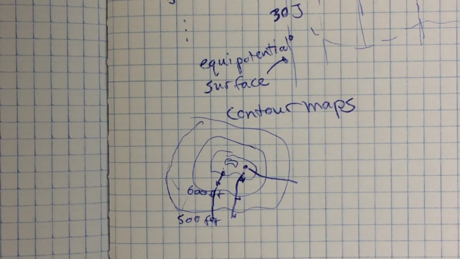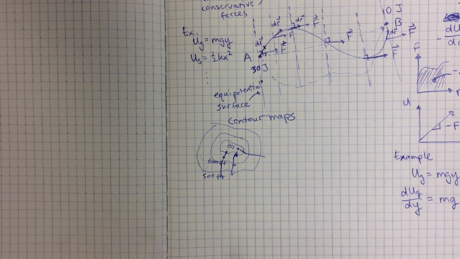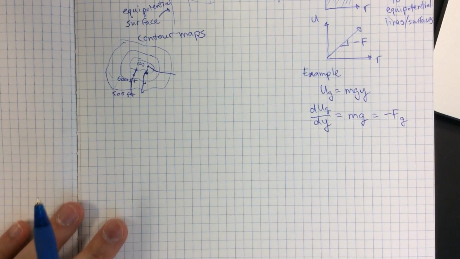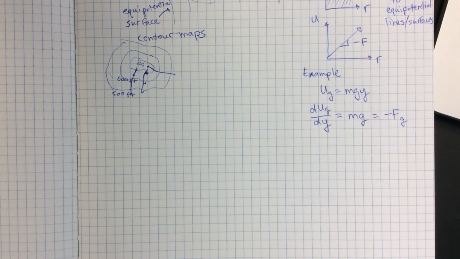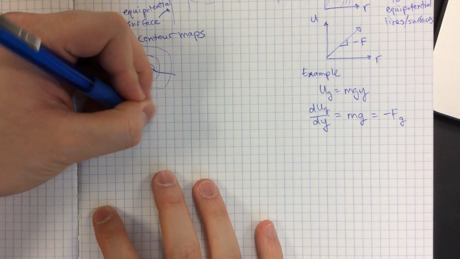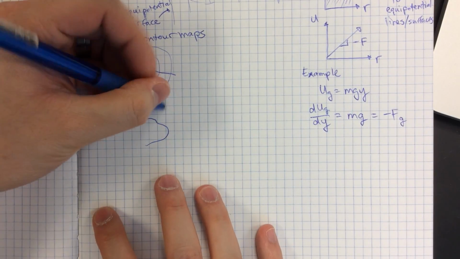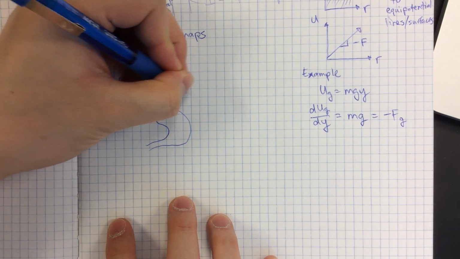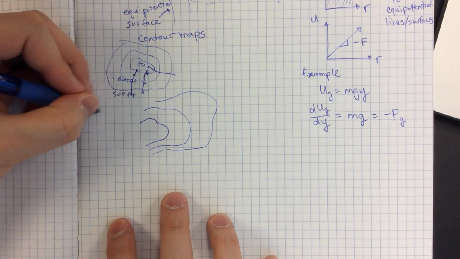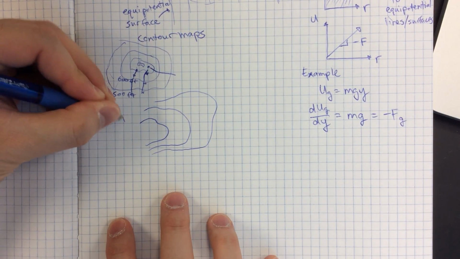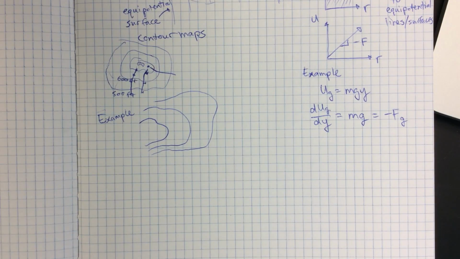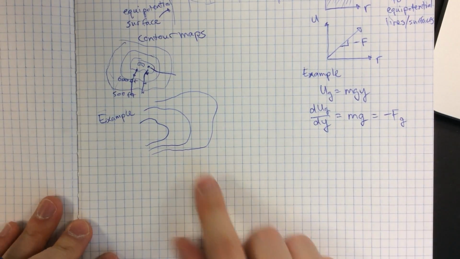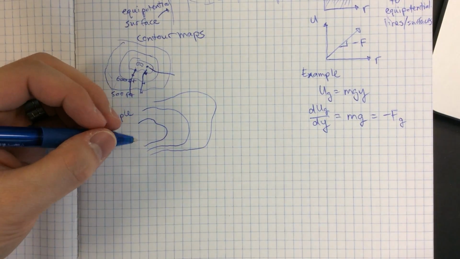Okay, I want to draw another example of contour maps, of these equal potential surfaces. Let's say I have a surface that looks like this, and then it looks like this, and it looks like that. Another example. For each surface or line, we can give it a certain amount of energy.